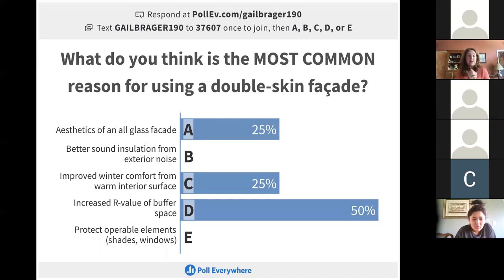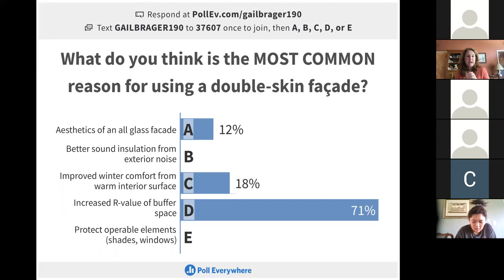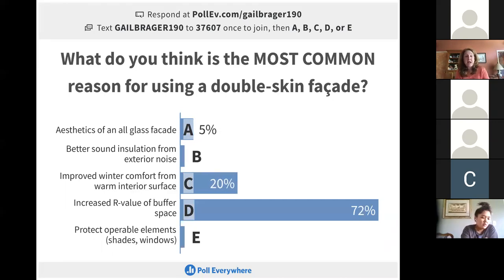The buffer space provides sound insulation from the exterior noise. Better winter comfort, because if it's really cold out, your body's not exposed to a cold surface. That buffer space gives you much better insulation, or it allows you to protect the shades so that you can have them on the outside of the inner skin, but they're not exposed. So, what do you think?